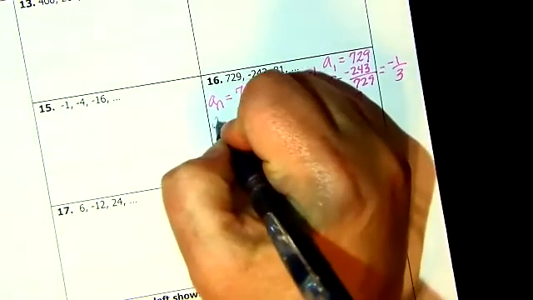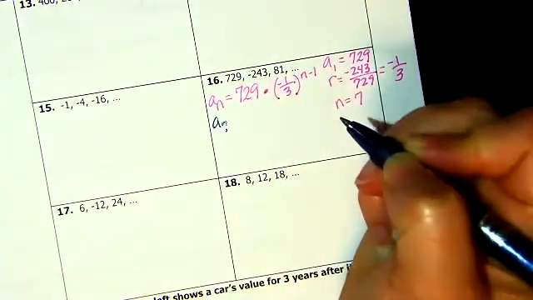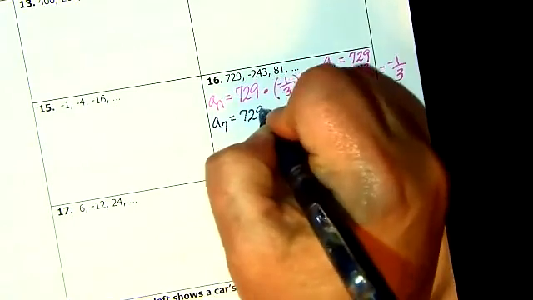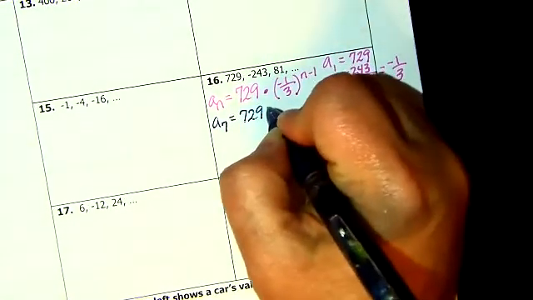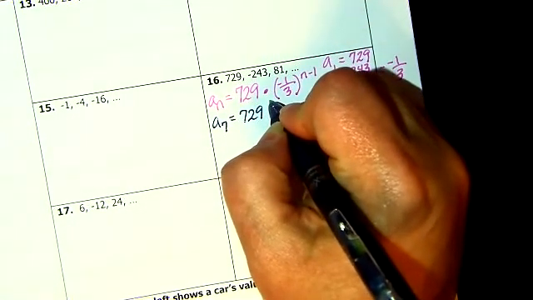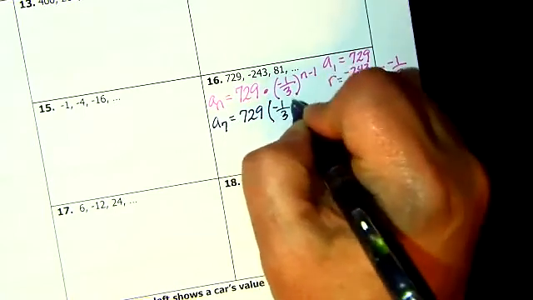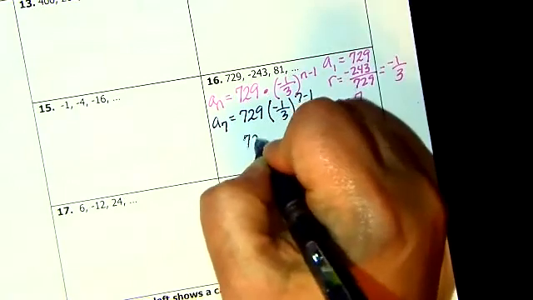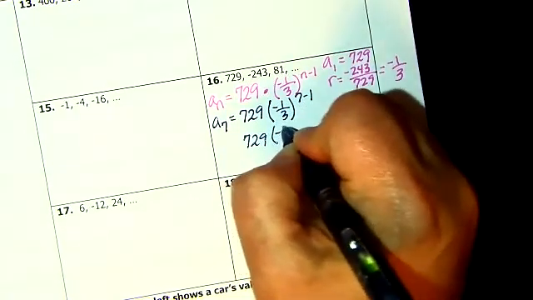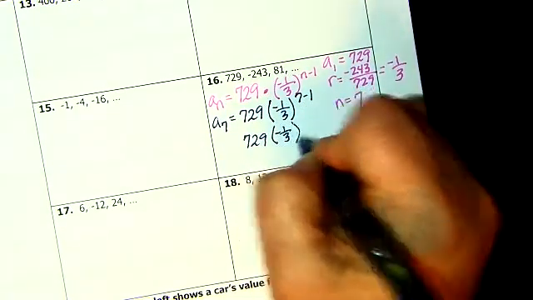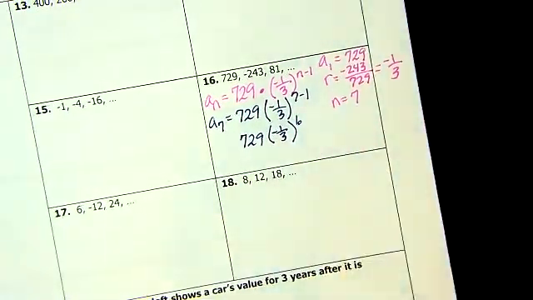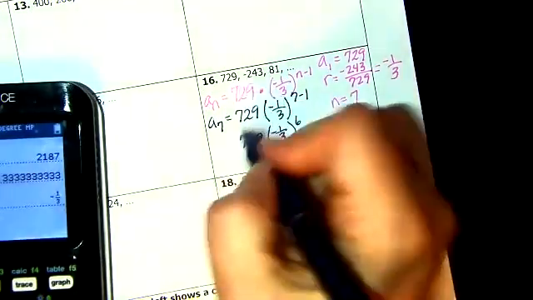So now I'm finding the 7th term. So this is a sub 7 equals 729 times negative 1/3 raised to the 7 minus 1. So we have 729 times negative 1/3 raised to the 6th. And we punch that into the calculator exactly as it is.